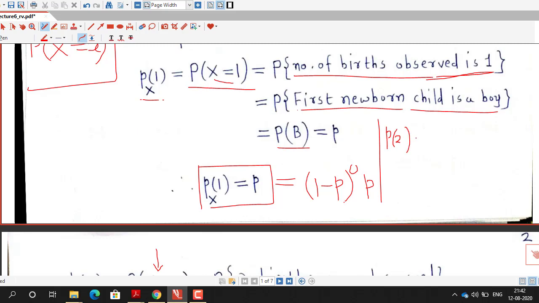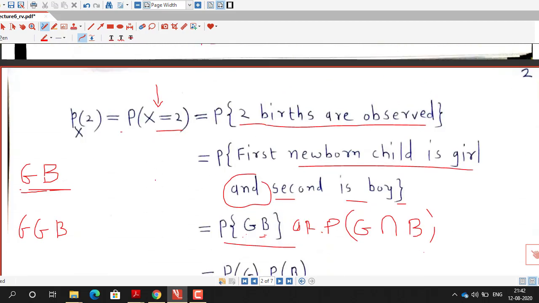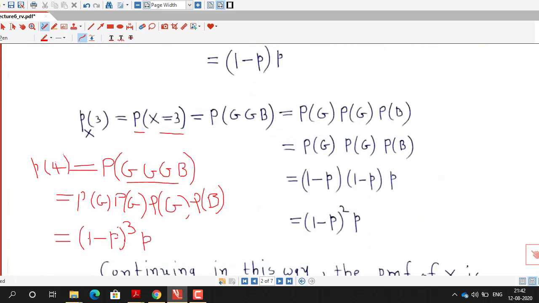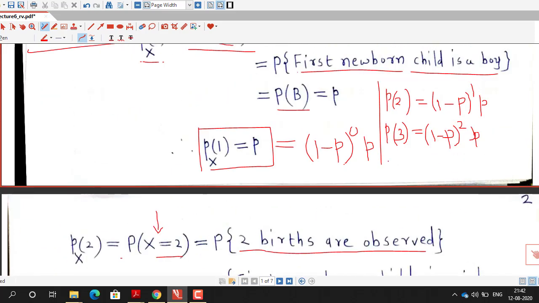We obtain that P of 2 is 1 minus P raised to 1 into P. Also we obtain that P of 3 is 1 minus P raised to 2 into P. You can see here P of 2 is 1 minus P into P, P of 3 is 1 minus P square into P, and P of 4 is 1 minus P cube into P.